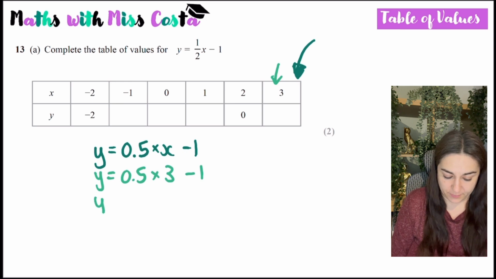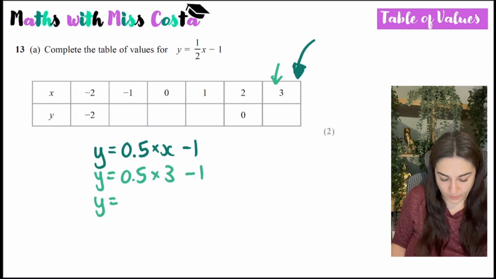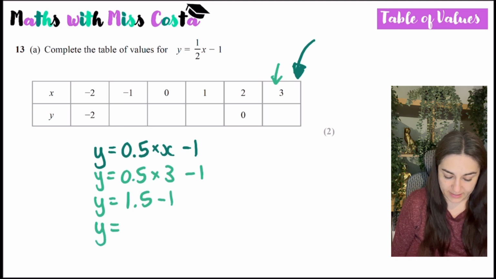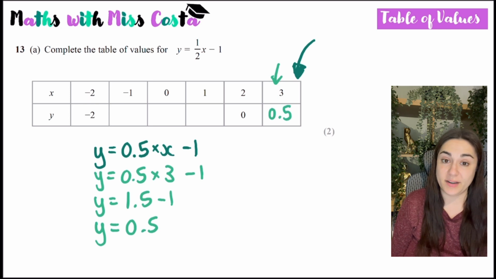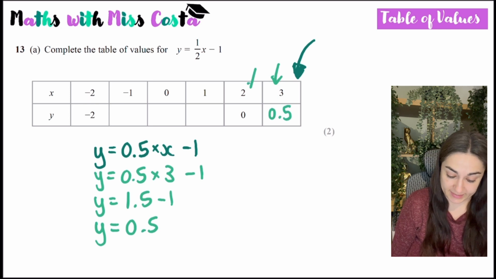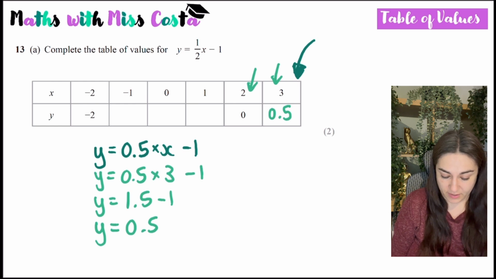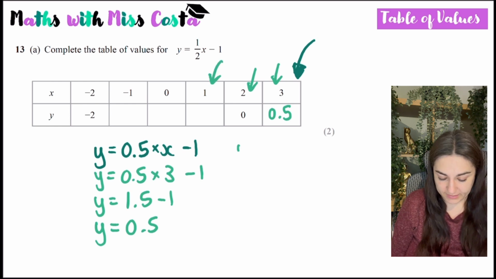So that would give me 1.5 take away 1, and 1.5 take away 1 is 0.5. So over here I've got the value of 0.5. They've already done the value of 2, so when x is 2, then I'm going to do the value for 1. So y is 0.5, half of x, so half of 1, and then I take away 1.